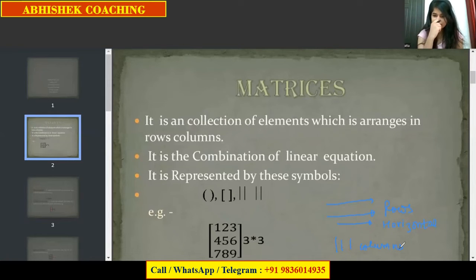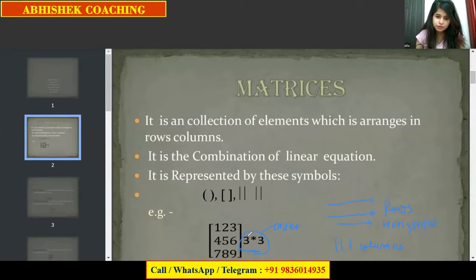The arrangement of these numbers in rows and columns is called a matrix, and it is represented by the square bracket. And what is this? It is the order of the matrix.